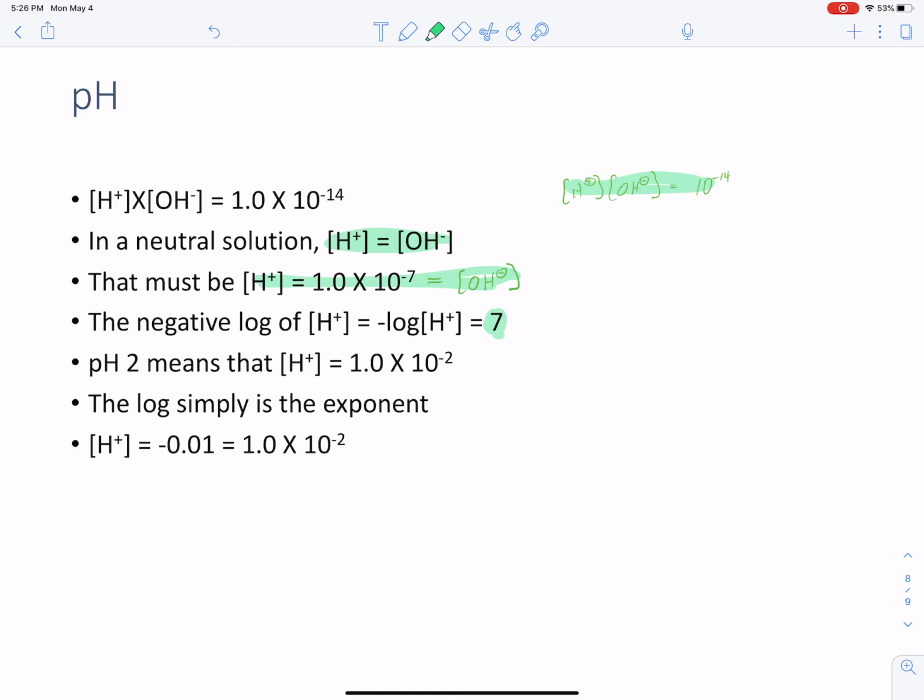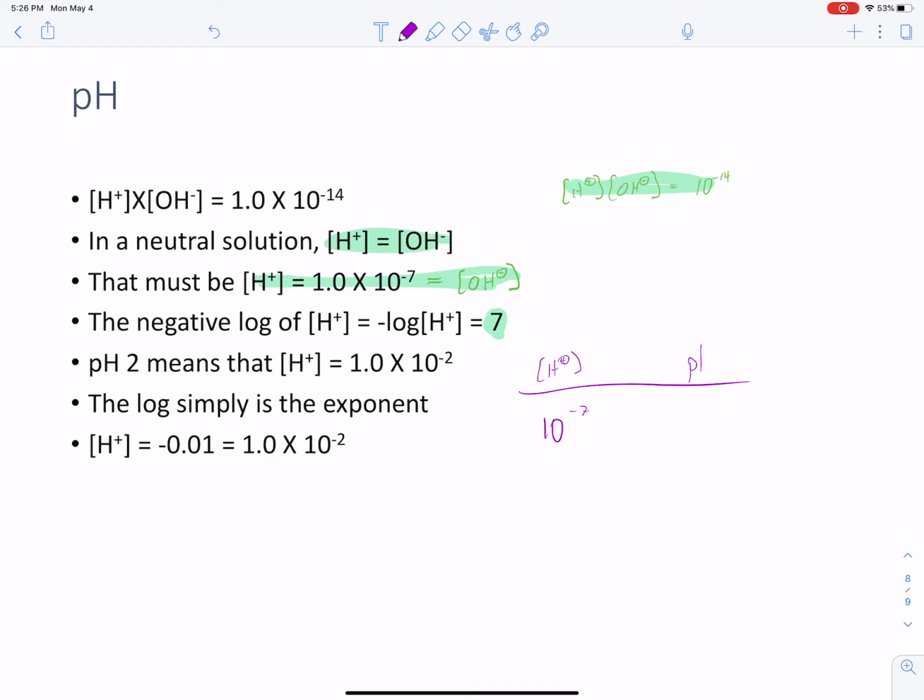If we have a pH of 2, then that means the concentration of H plus is 10 to the negative 2. So we can do some interesting things. If we have a concentration, you can do a lot of estimations here. If I have 10 to the negative 7th, this is the concentration of H plus.